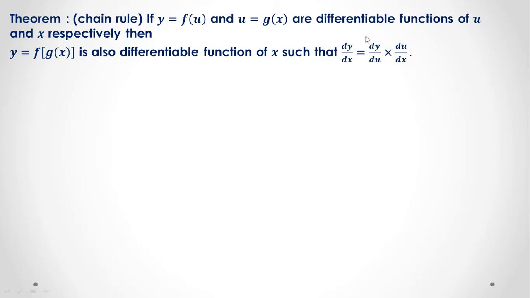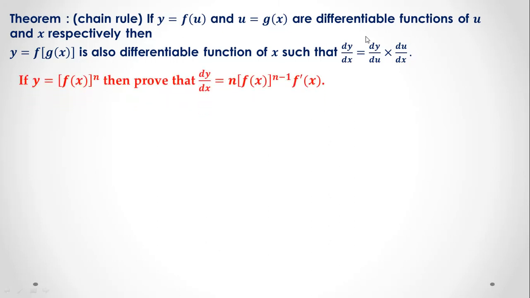By one example we will see this chain rule. So if the function is given like y is equal to f of x raised to n, see here it is related to y is equal to x raised to n. Here in place of x there is f of x, which is a function of x.